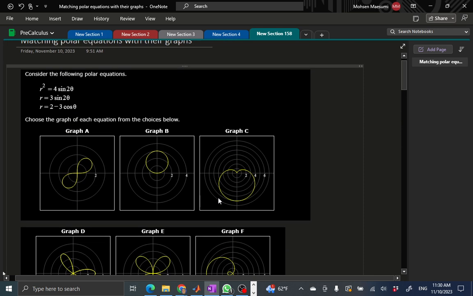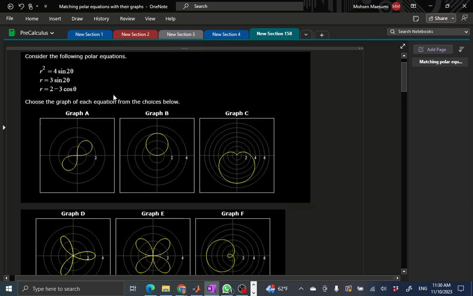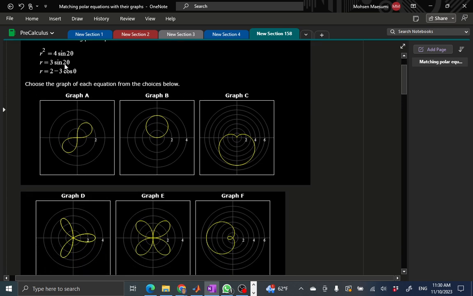Well, here we have sine of 2 theta, and that is an even number, so it's going to have twice as many petals as the number you see as a multiple of theta. So that has to be case E. Now, what else had we studied?